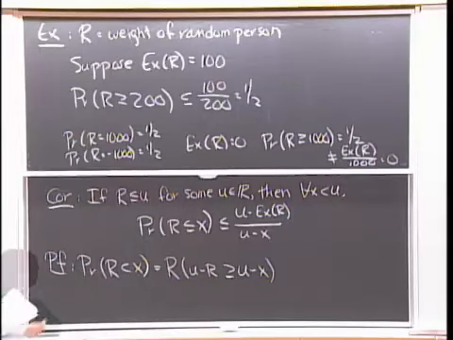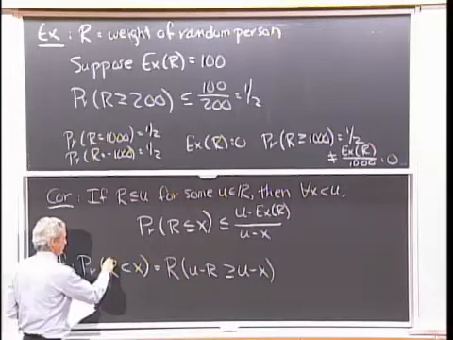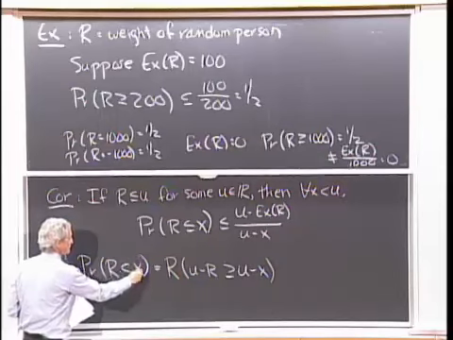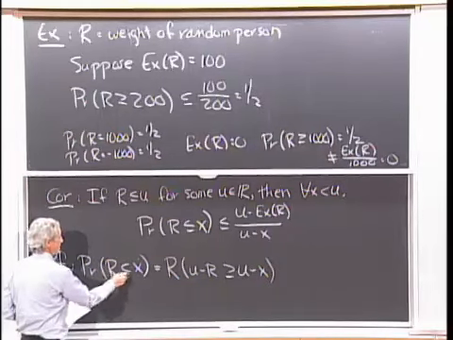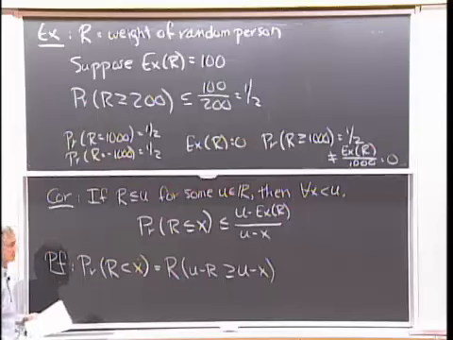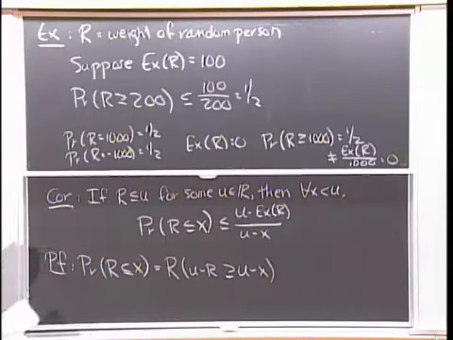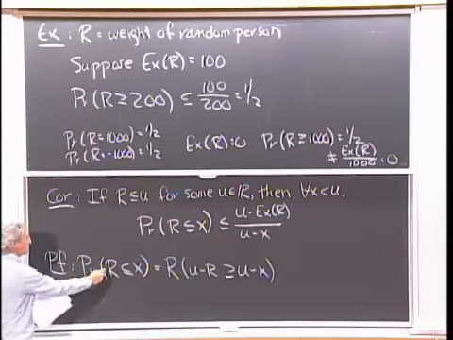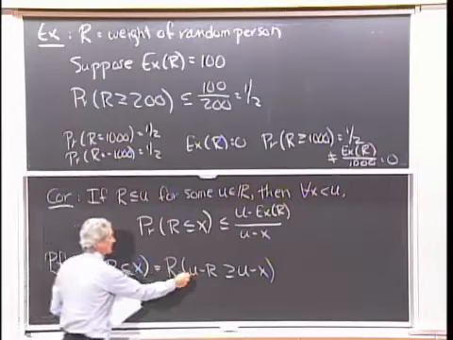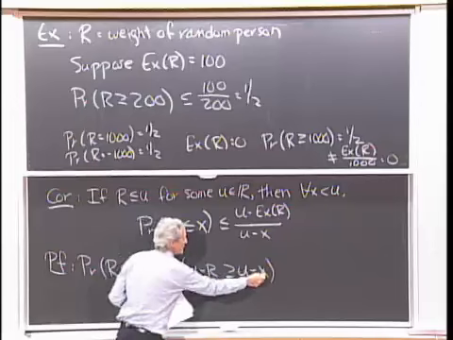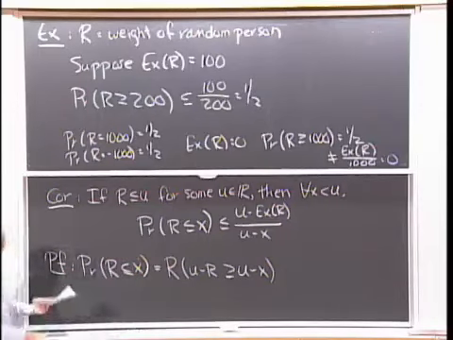All right, so what have I done? I put r over, negative r over here, subtract x from each side, add u to each side. All right, I've got to put a less than or equal to here. So r is less than or equal to x if and only if u minus r is at least u minus x. It's simple math there.